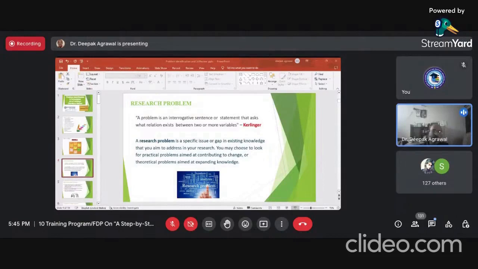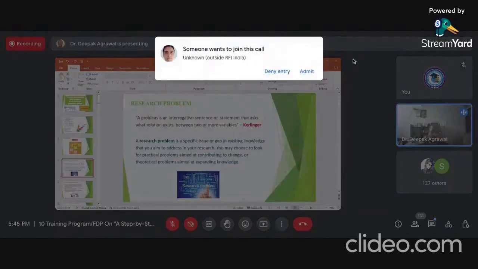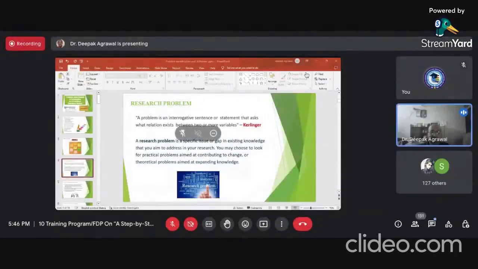You may choose practical problems aimed at contributing to change, or theoretical problems aimed at expanding knowledge. Ultimately, a research problem is something where some gap exists.